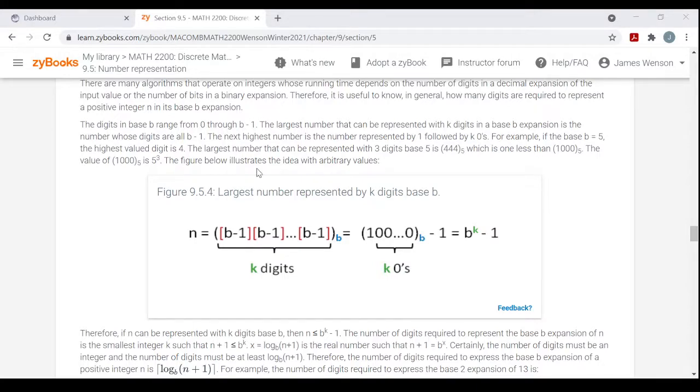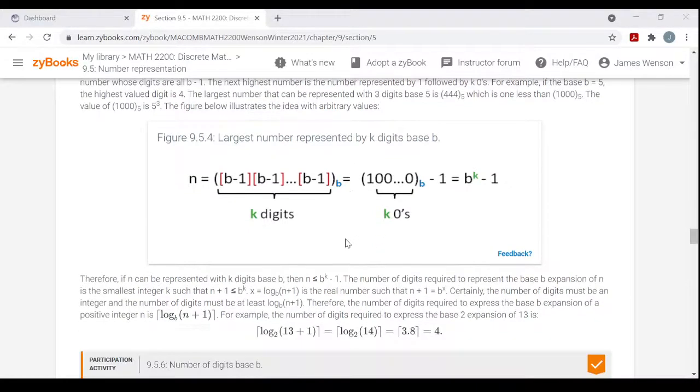So the figure below illustrates this idea with arbitrary values. If you're looking at the largest number represented by k digits, base b, that would be the number with all k of them being the digit b minus 1, like all 9s or all 4s in base 5.